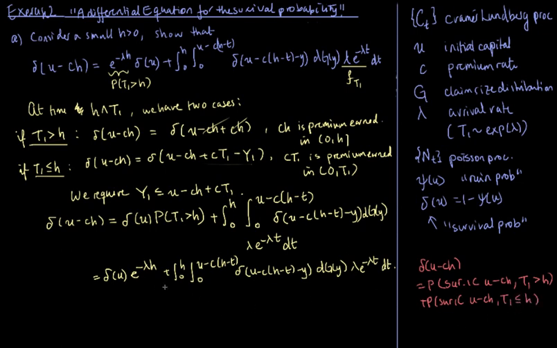Then you can write up the second integral by doing a double expectation of the second term. So just take the expectation conditioned on y1, and then expectation conditioned on t1 down here. And up here you can try to split out the t1 greater than h probability. So you can also try to do it this way.